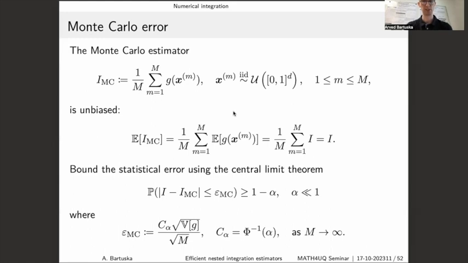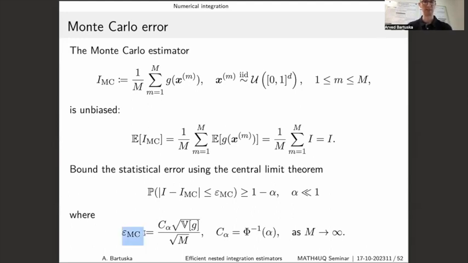And we can show by the central limit theorem that the probability that the error of the Monte Carlo estimator is below this epsilon, this Monte Carlo error, is larger than this probability for a confidence parameter alpha. We can choose this alpha very small, then we have a high probability of a small error.